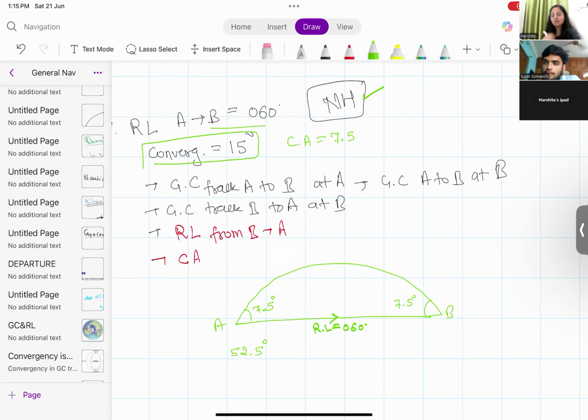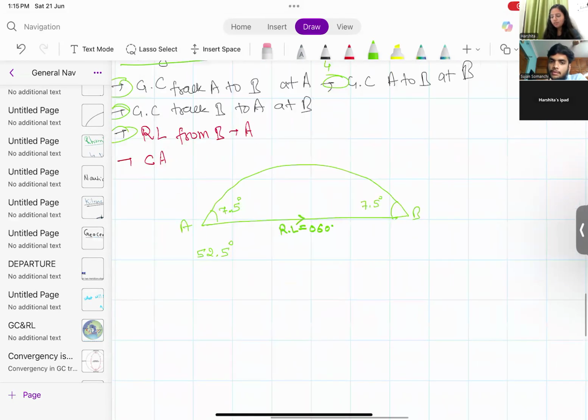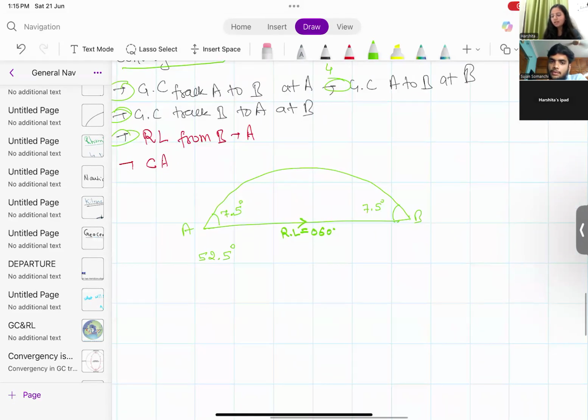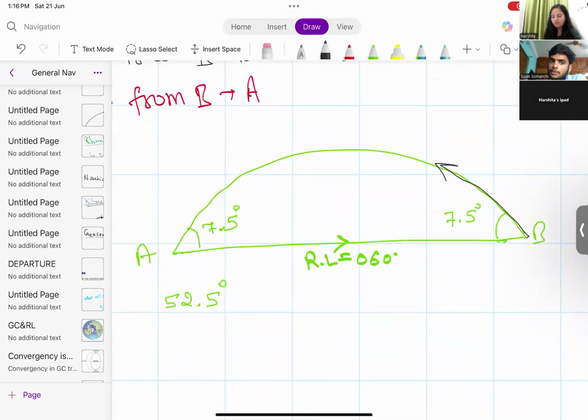But what is this, out of these one, two, three, four? From B to A, ma'am. B to A will become something like this, sir. This is 60.